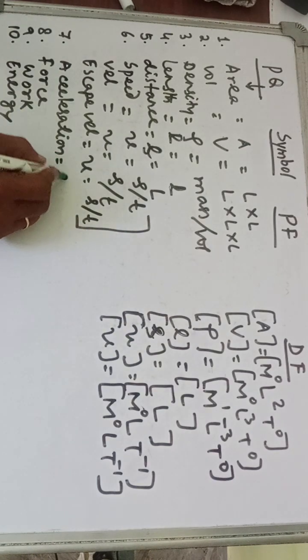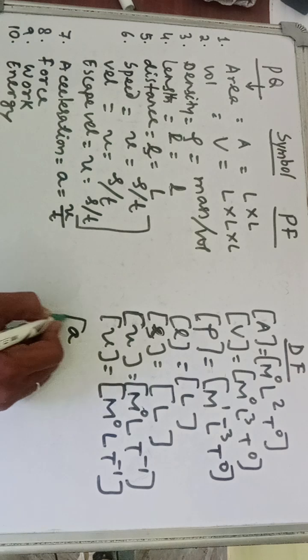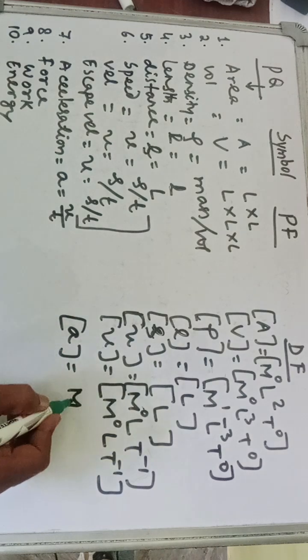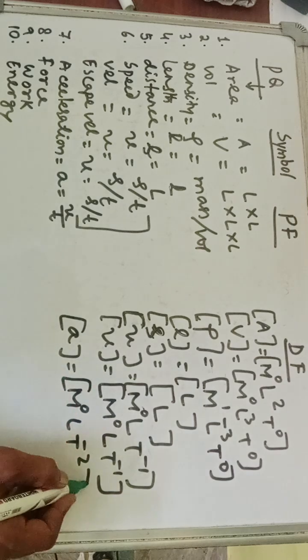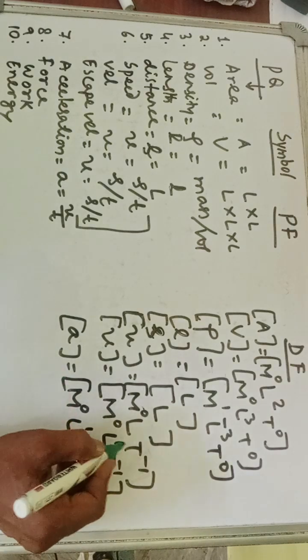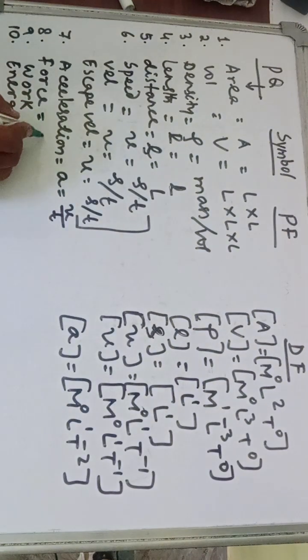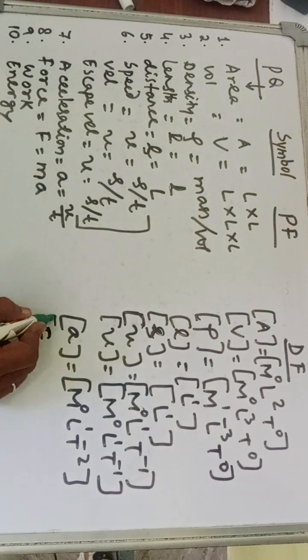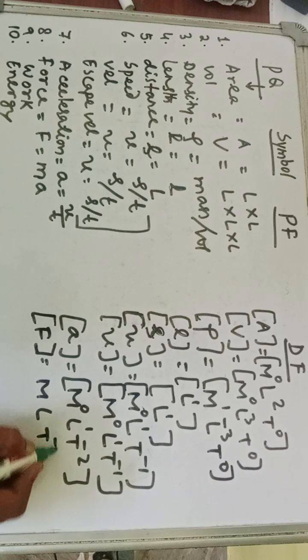Acceleration A is equal to v by t. Then dimension of acceleration is equal to M0 L T minus 2. So you can say L to the power 1. Then force F is equal to m into a, mass into acceleration, or dimension of force is equal to M L T minus 2.